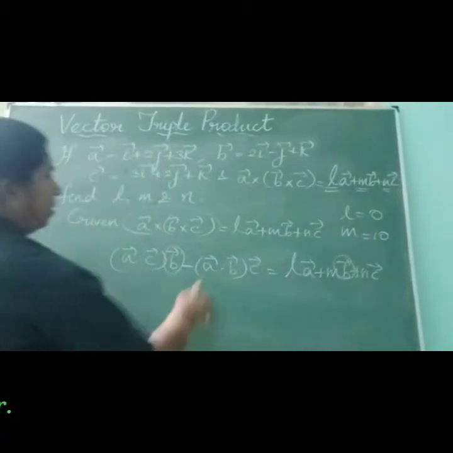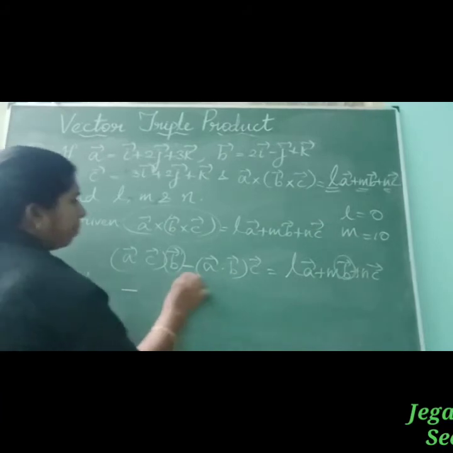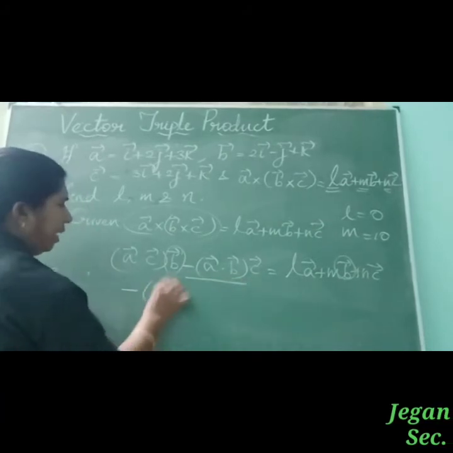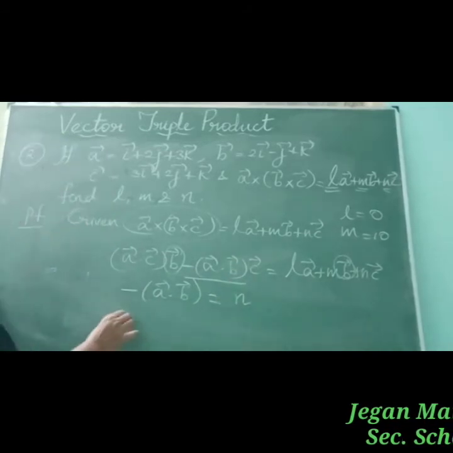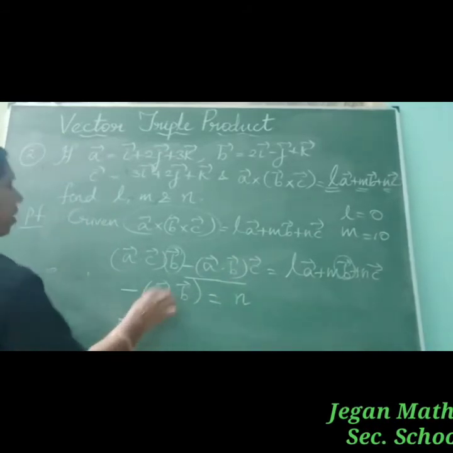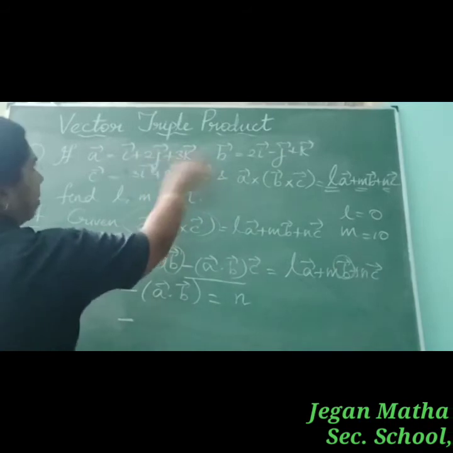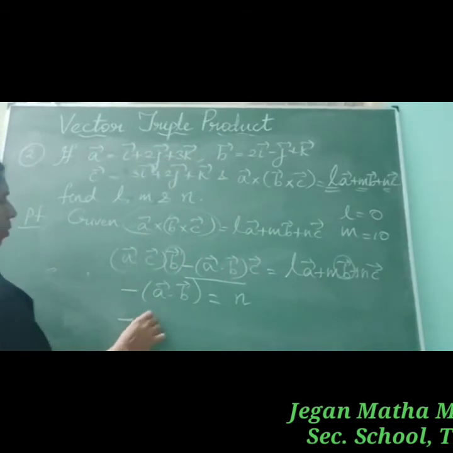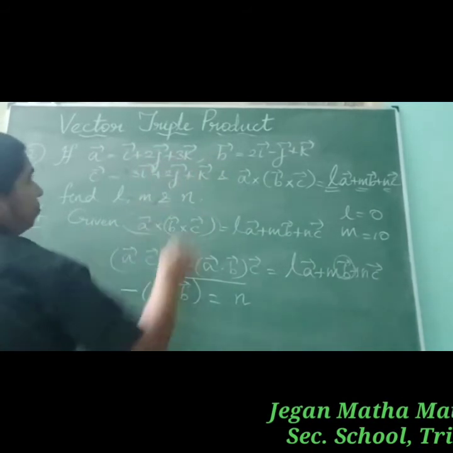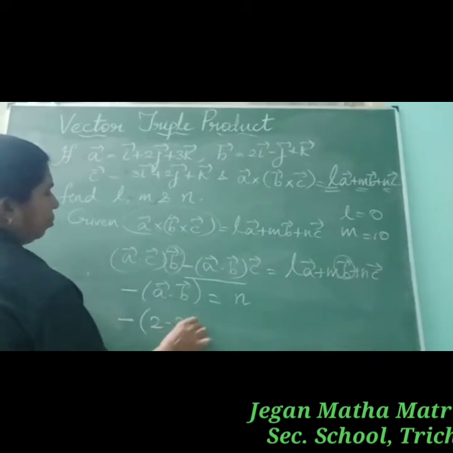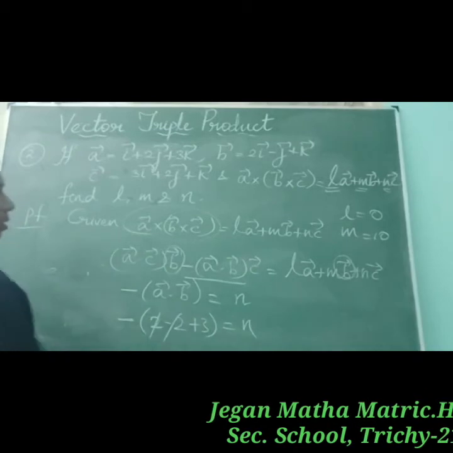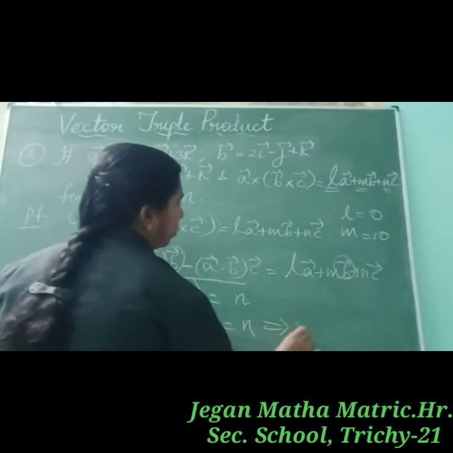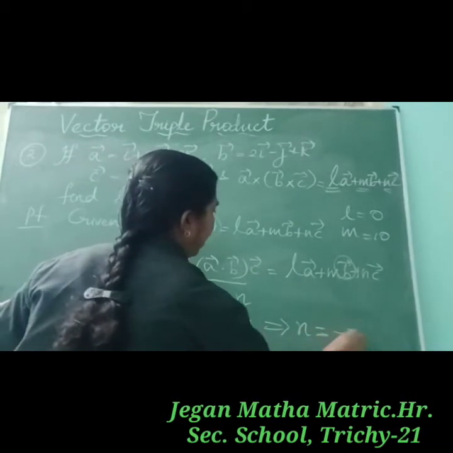Third one, minus of A dot B is equal to N. So minus of the dot product of A and B. The dot product of A and B is 2 minus 2 plus 3, which is equal to N. So N is equal to minus 3.